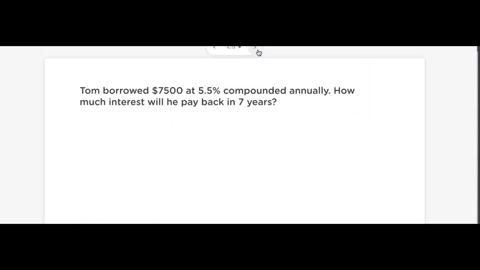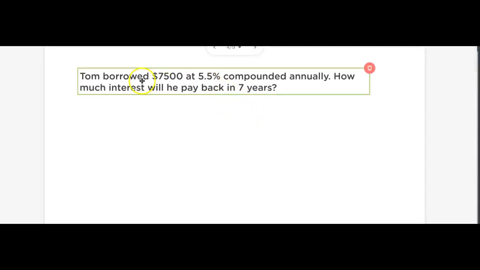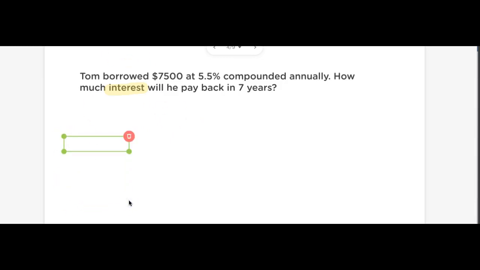All right, so next problem. Let's look at this. Tom borrowed $75 at 5.5% compounded annually. How much interest? Boom. Y'all see that? We are now looking for interest. So let's get in here. Principal, 75. Rate, 0.055.